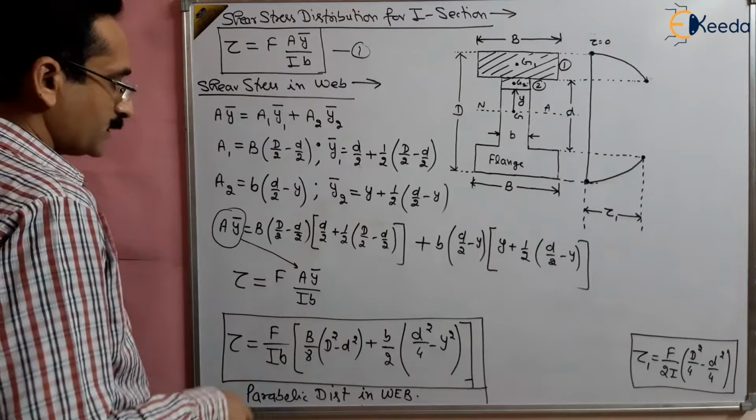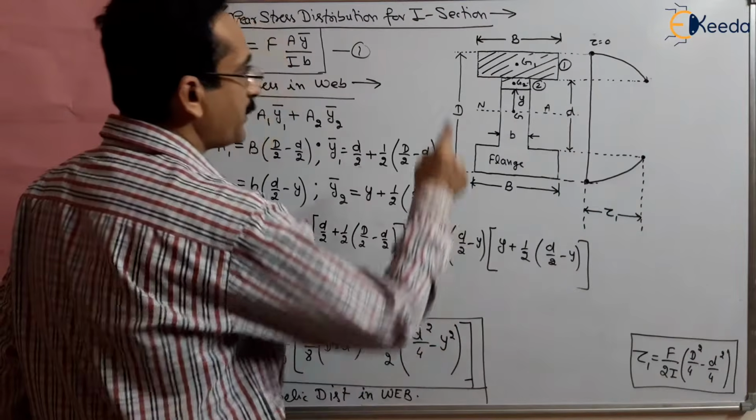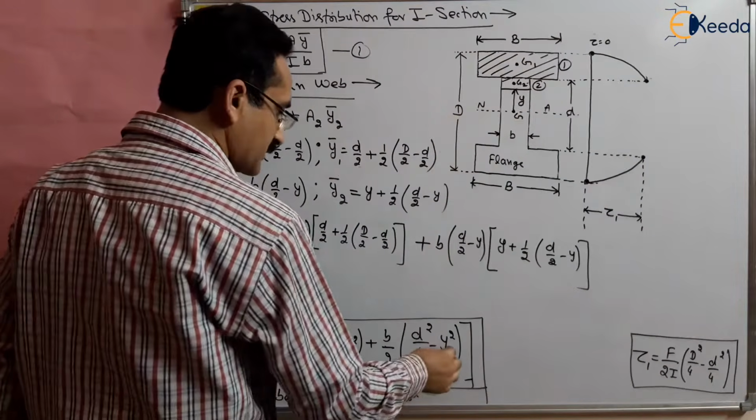And the point where web and flange meet, that is small d by 2.